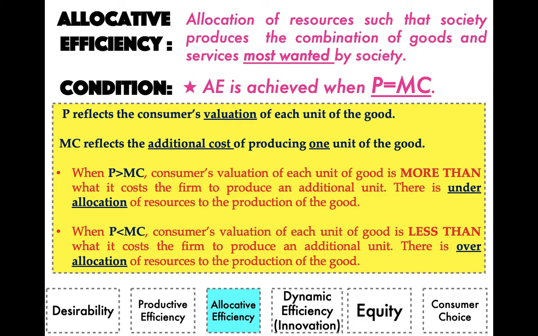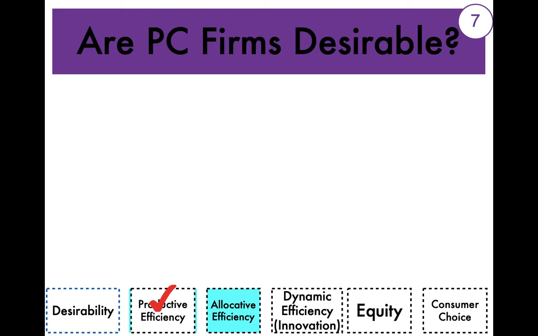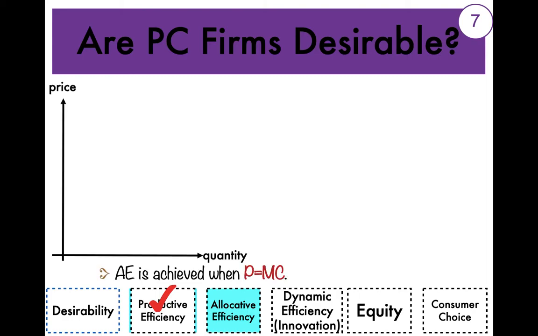There is neither overproduction nor underproduction of goods and services in this society. Okay, so let's look at whether PC firms are desirable based on these conditions. We know that P has to be equal to MC. Okay, so on the left hand side, this diagram illustrates the market demand and supply of the PC industry.